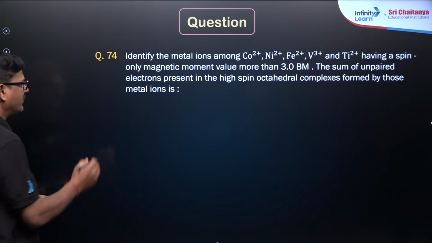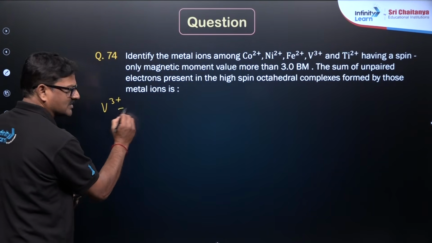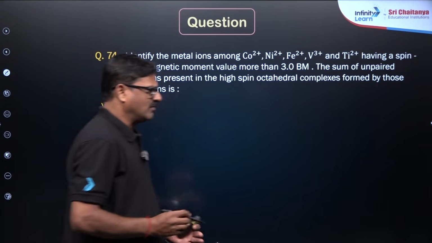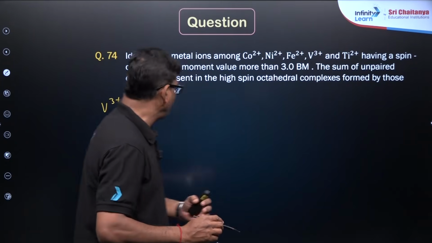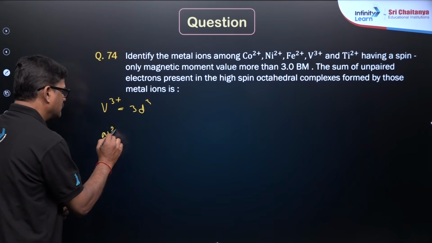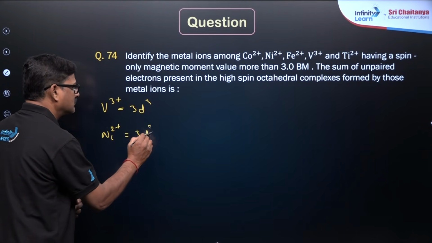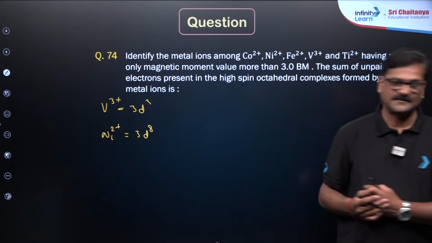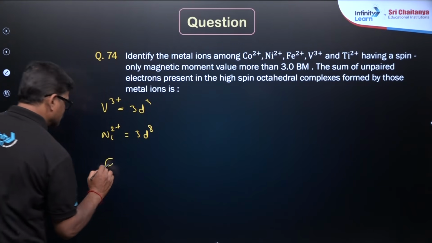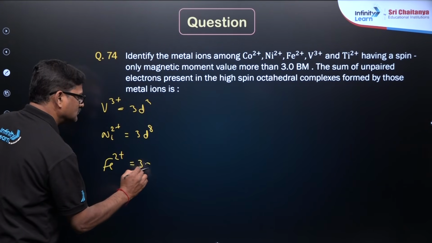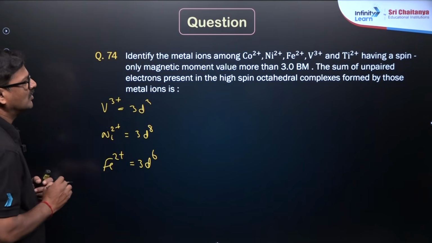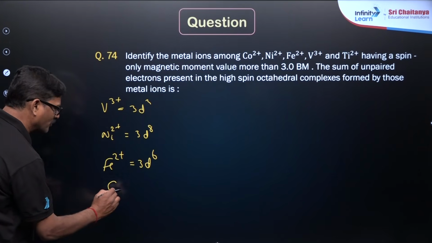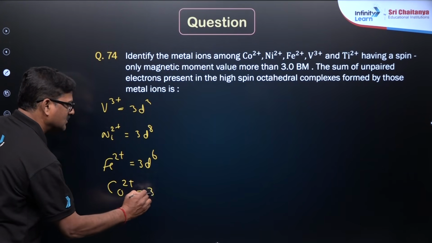So vanadium 3 plus is going to be 3d3, and you have nickel 2 plus 3d8, and you have iron 2 plus 3d6. And also you are left with cobalt 2 plus, which is going to be 3d7.